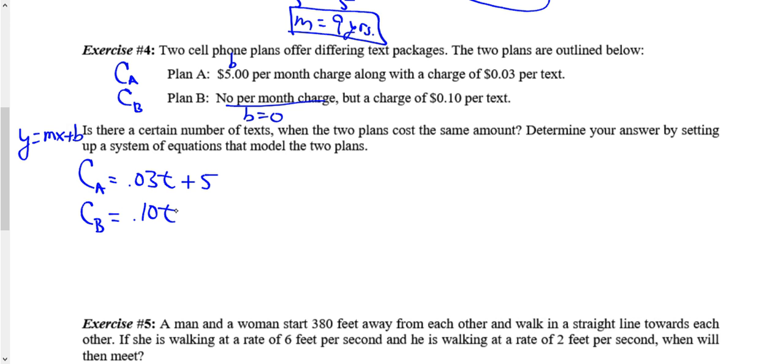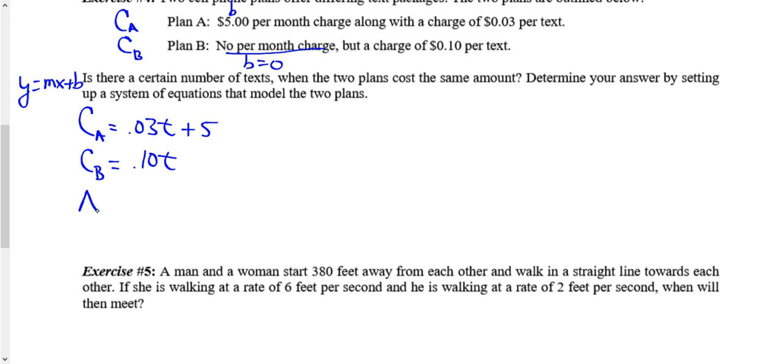Okay, so what do I want to know? Some number of texts T where the two plans cost the same. If they cost the same, that means that they are equal. So we need to find out when the cost of Plan A equals the cost of Plan B. You see that little equation I wrote?